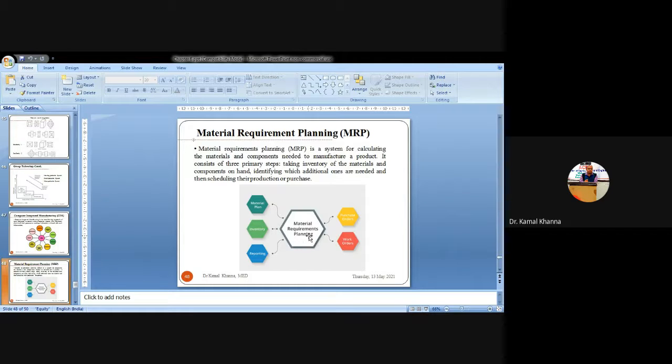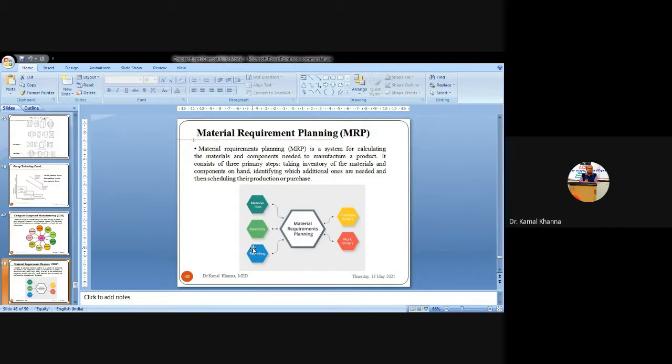With this, purchase orders and work orders are easily administered using MRP. So identifying which additional items are needed and then scheduling the production or the purchase. So this MRP helps in planning the purchasing of raw material from the market, watching how much inventory or stock is available in the industry, and reporting that raw material as well as the inventory or processed parts available in the industry.